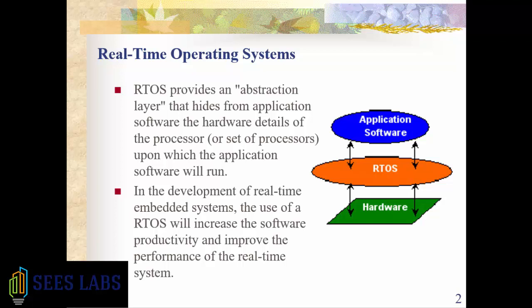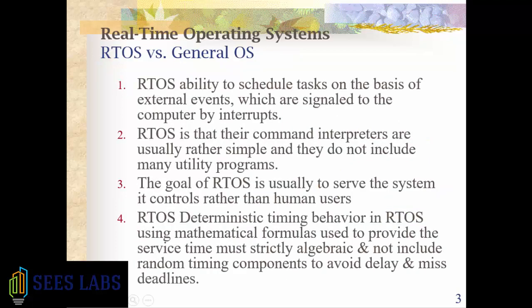So if a programmer makes a program which follows the deadline, but the operating system is spending too much time, the overall goal cannot be achieved. That's why we use real-time operating systems, in order to save this time and to provide good performance for real-time systems.